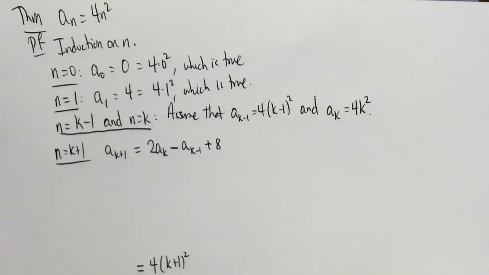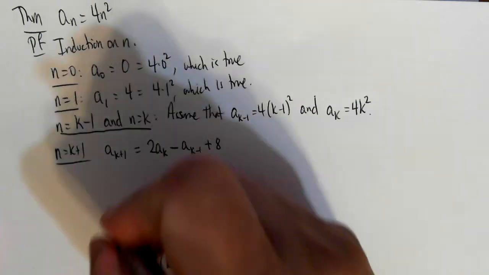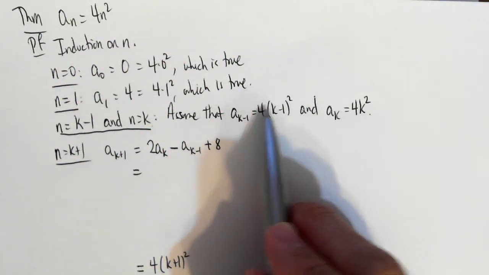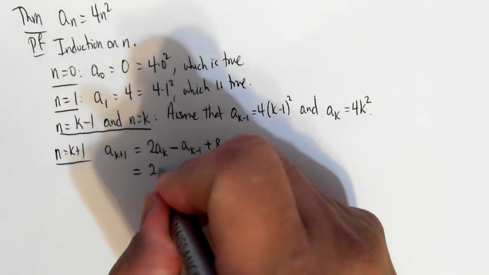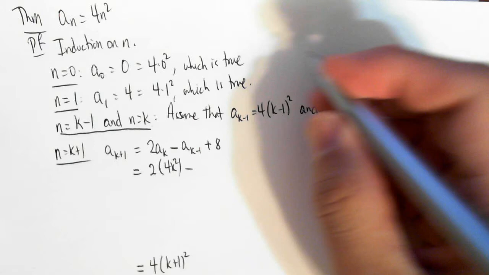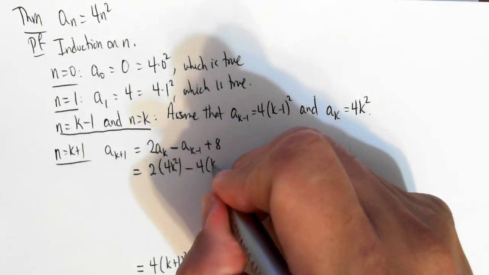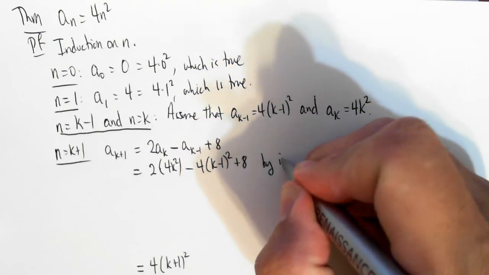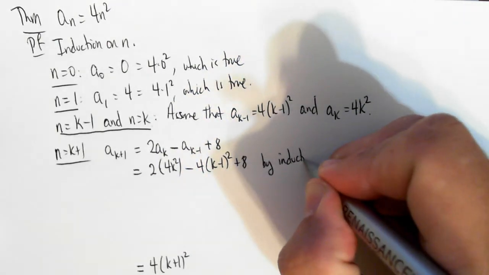That's my target. And if I can do that, I'm done. Now, I use both of these induction hypotheses. So 2 times 4k squared minus 4 times k minus 1 squared plus 8, and that's true by induction hypothesis.